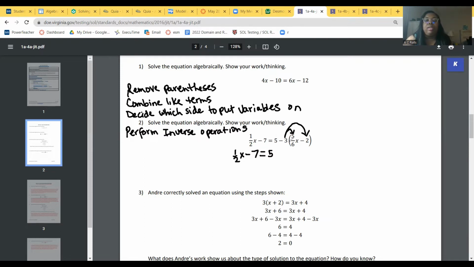A -3 times 5/6, you could make it a -3/1. -3 times 5 would be -15 over 1 times 6 would be 6, a -15 over 6x. Then you have -3 times -2, which would be a +2.